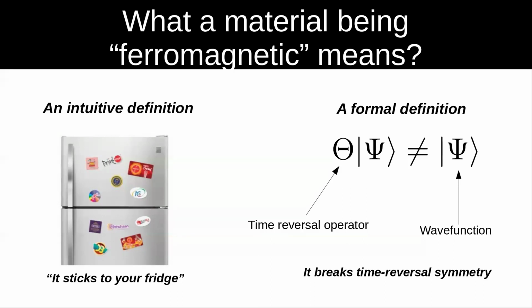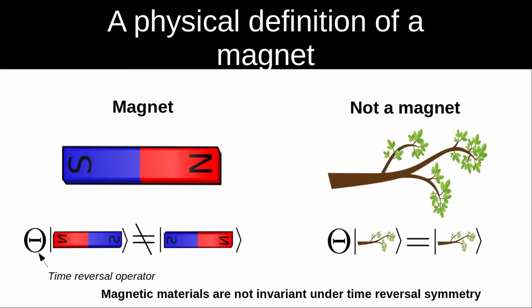But if we want a more mathematical definition, then the way we define them is as objects that break time reversal symmetry, meaning that we have the many-body wave function of a material, and when we apply the time reversal symmetry operator, then the wave function that we recover is different. And if this happens, then we say that we have a material that breaks time reversal symmetry.